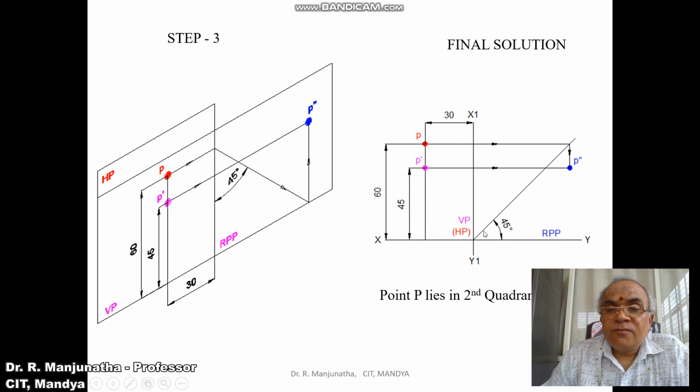When you project this point onto the 45 degree line, whatever the distance which is behind VP, which is 60 here, has been transferred to this distance, which is 60 mm.